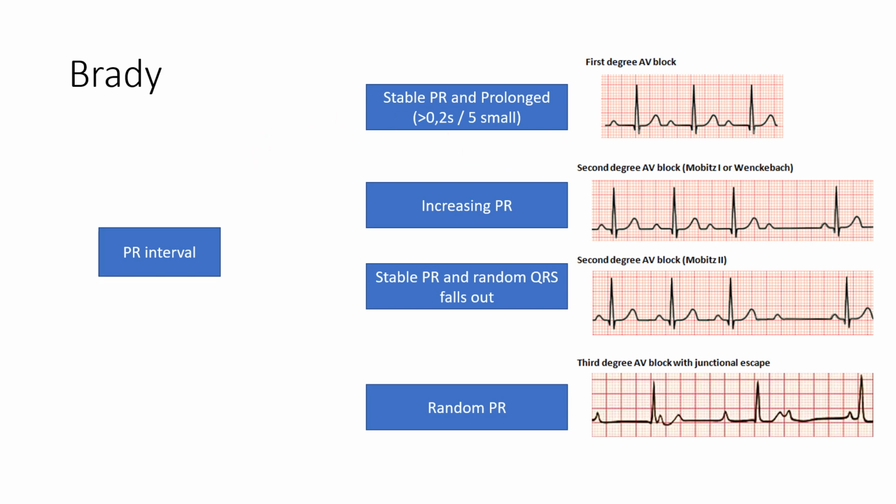So the causal algorithm is called DICE. D is drugs, that would be all the AV blocking agents, digoxin, metoprolol, and so on, amiodarone. I is ischemia. So do they have an ischemic event? You look at the ECG for OMI criteria and so on. Take troponins.